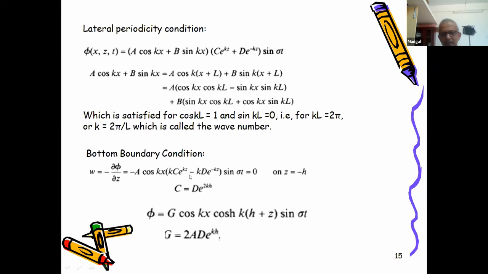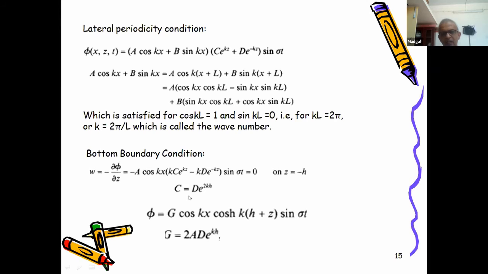So only when this term in the bracket is equal to 0, then this is satisfied. So when you impose that condition, then you will see that C would be equal to D into e to the power of 2kh, because when you substitute z equal to minus h here, this is the condition that you would get.